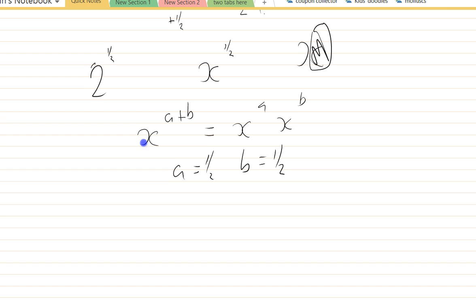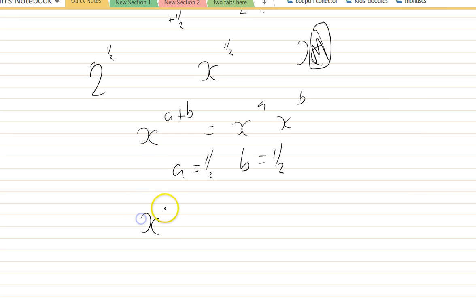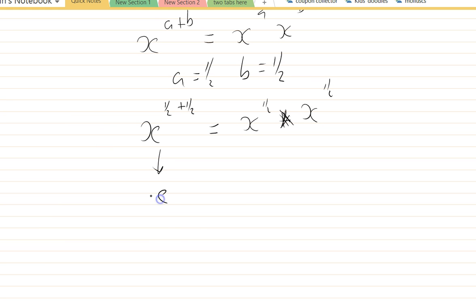What does that formula tell us? Well, that formula tells us that x to the power a plus b, which is a half plus another half for the b, equals x to the power of half times x to the power half. Well, we know what that is. That's just x to the power 1, which is just equal to x.